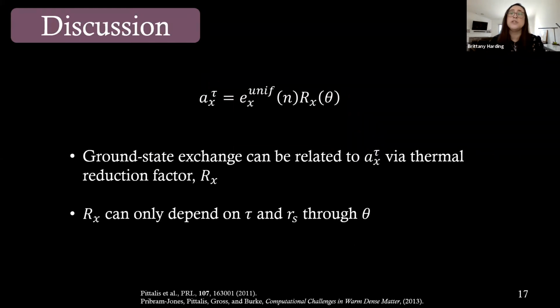This is helpful in another way in that we can see that the ground state exchange can be related to the finite temperature exchange via a thermal reduction factor Rx, which is a function of the electron degeneracy parameter theta. And Rx can only depend on the temperature and density through theta, this electron degeneracy parameter.